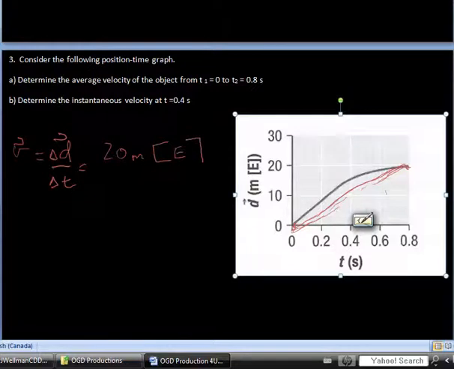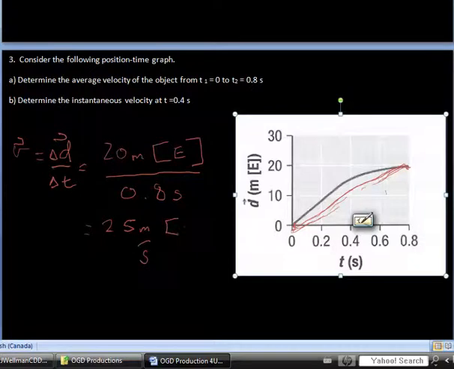You must put in that direction. The change in time is 0.8 seconds. And that gives me an average velocity of 25 meters per second east.